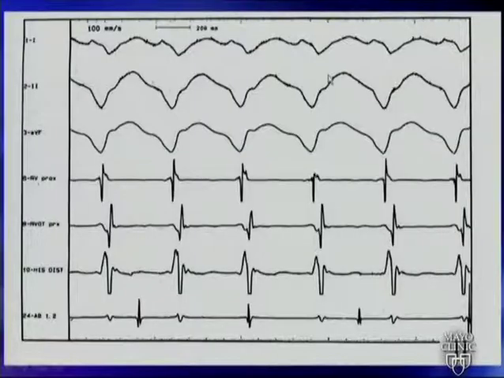Look at this one, just a variation on the same thing, except here you see a wide complex tachycardia. Then you notice that every RV electrogram lines up with the QRS. But we don't really have an atrial catheter.